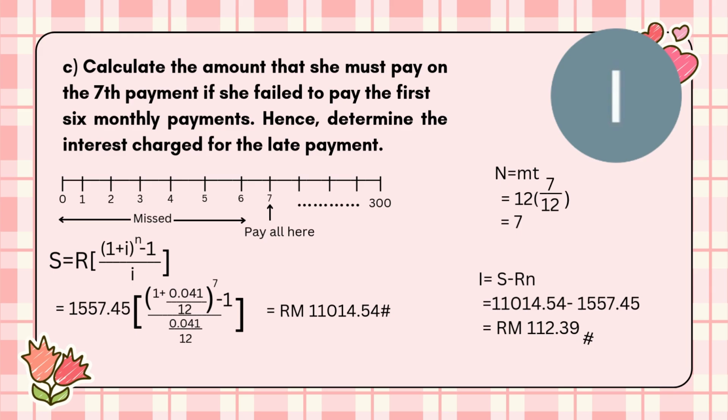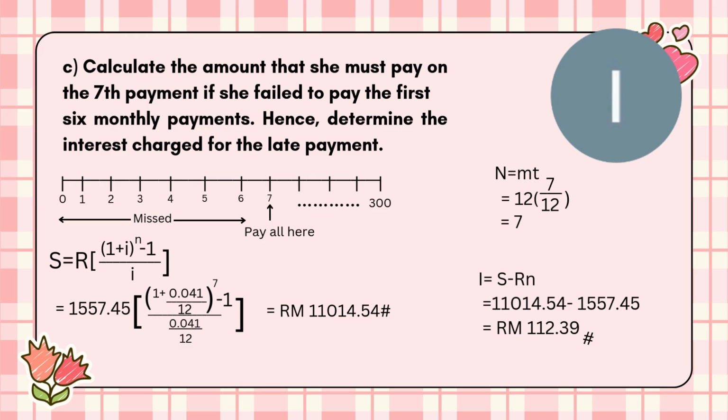R is equal to 1,557 ringgit and 45 cent. The interest rate per interest period is 0.041 over 12 and the number of payments is 7. By using a calculator, we can get the answer 11,014 ringgit and 45 cent.